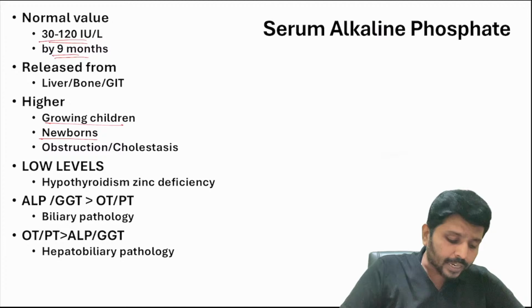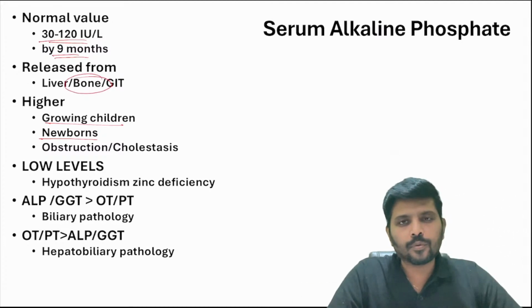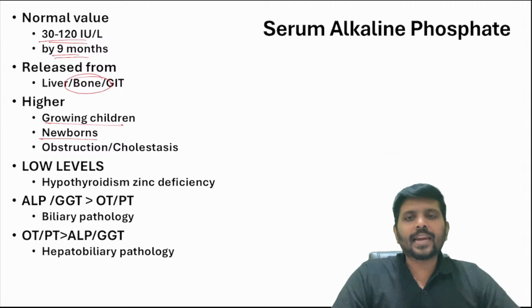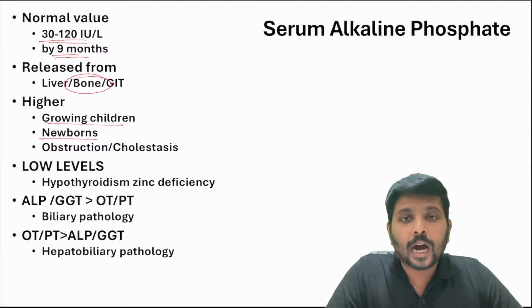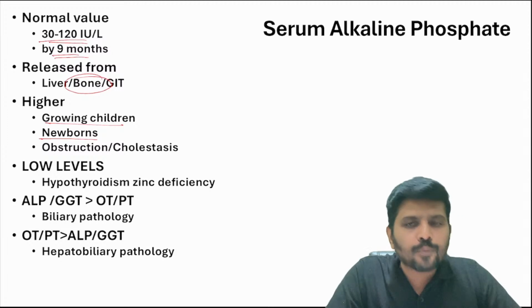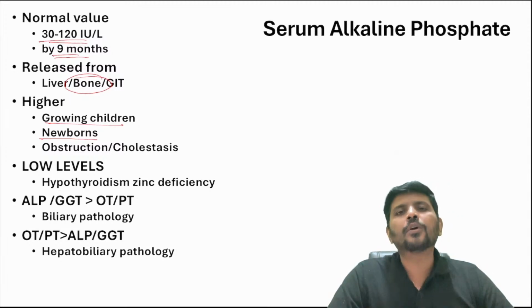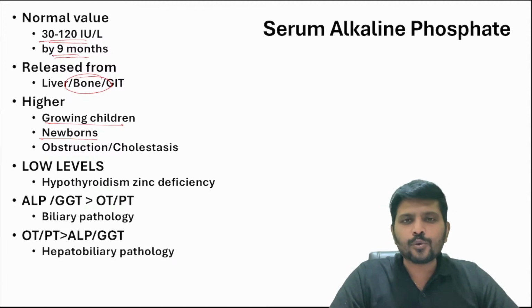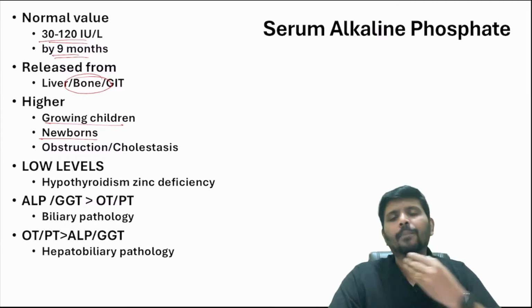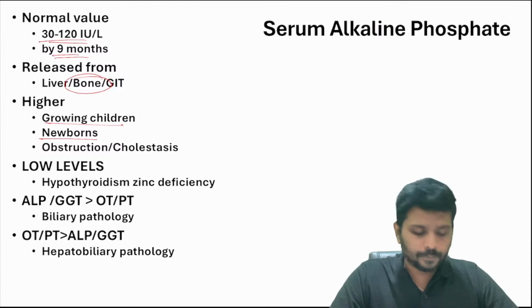And it is also secreted from bones too, because of rapid turnover. So what does it mean? Elevated serum alkaline phosphatase alone does not indicate an underlying liver injury. It can be due to bone pathology, it can be due to the newborn stage, or it can be due to a growing child. So it always should be confirmed by doing a gamma glutamyl transpeptidase.